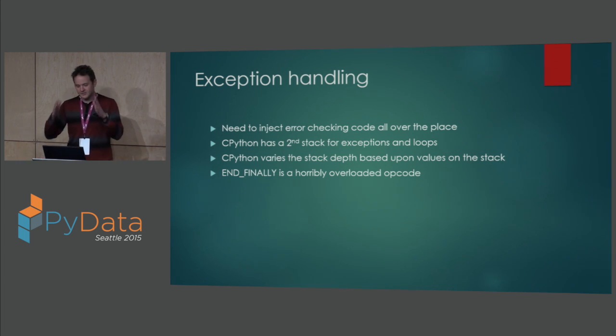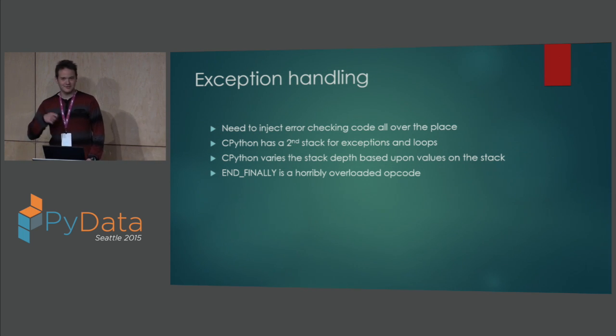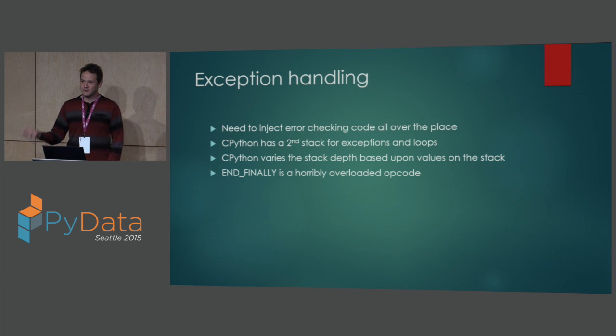And the two stacks are a little intertwined. And you could actually construct bytecode by hand, which CPython will execute in a perfectly reasonable way that is going to interact with those two stacks in a very bizarre way. If you pay attention to what the CPython bytecode compiler is actually doing, it will never produce those bizarre sequences of opcodes.